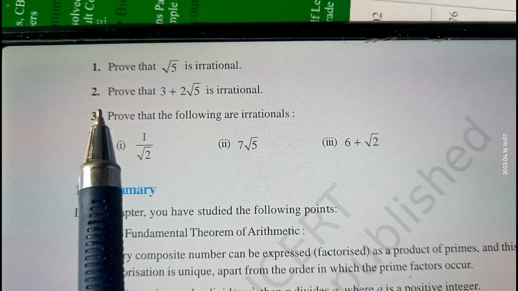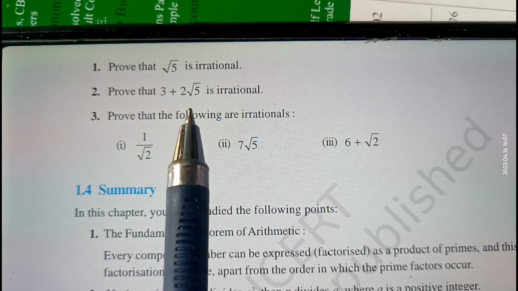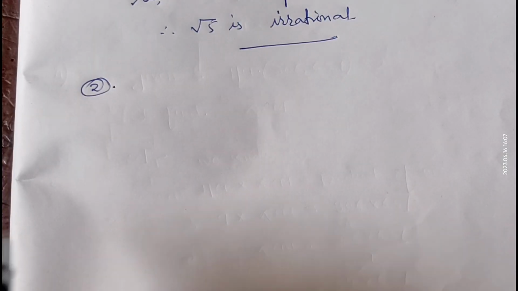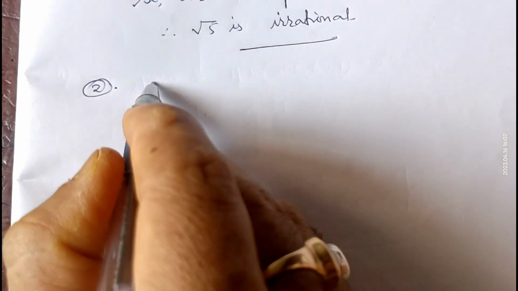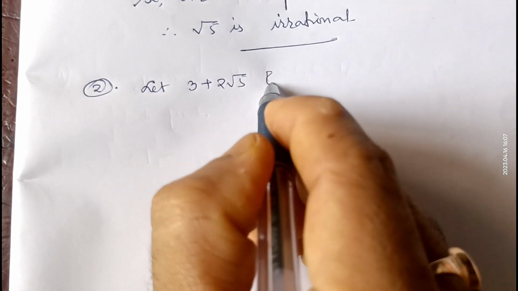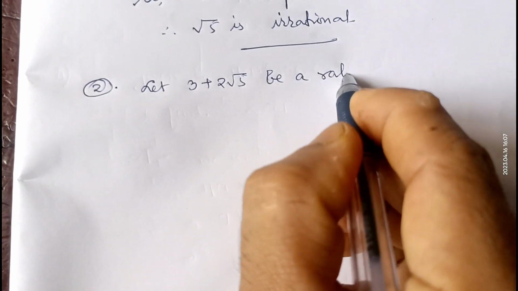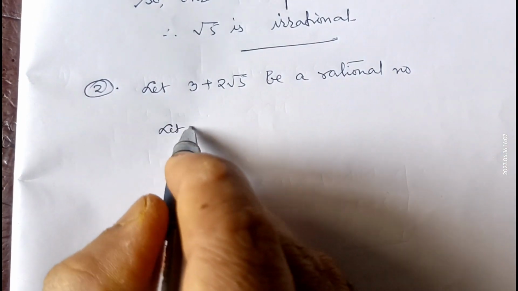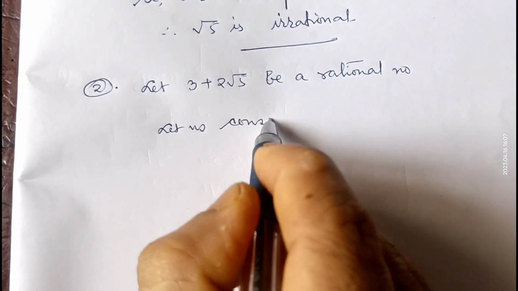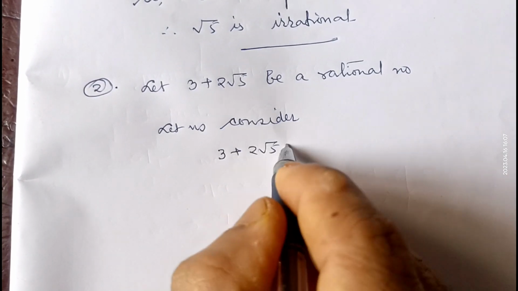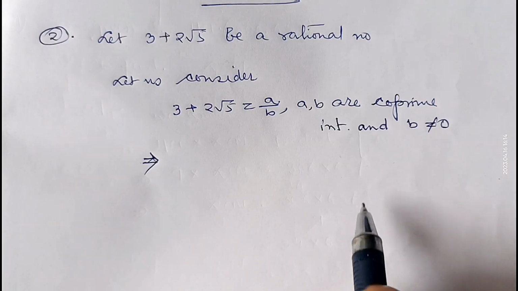In the second question it is given: prove that 3 plus 2 root 5 is irrational. Like the previous sum, here also we can consider, let 3 plus 2 root 5 be a rational number, equal to a by b.